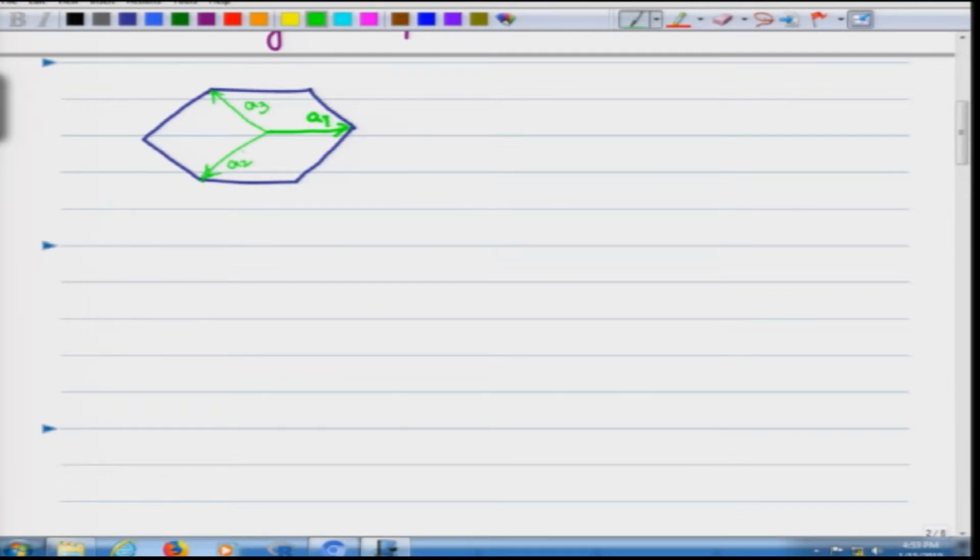Now, in this new notation, what are the vectors? If we are talking about A1, a very easy way to look at it is to draw it first in the opposite direction. So this is bar of A1, or minus A1. Now, what is minus A1 equal to? It is equal to A2 plus A3.